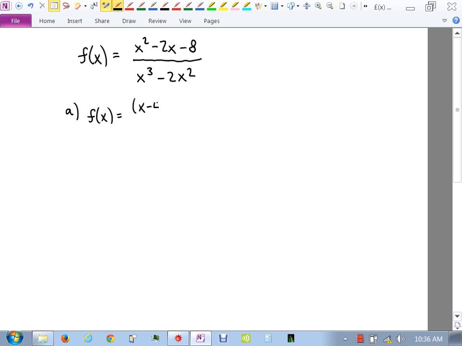X minus 4, x plus 2 on top. The bottom. What can you do on the bottom? GCF of x squared, and that leaves you with x minus 2, right? Can't go any further than that. Step B, we don't have anything that cancels, right? Nothing cancels.